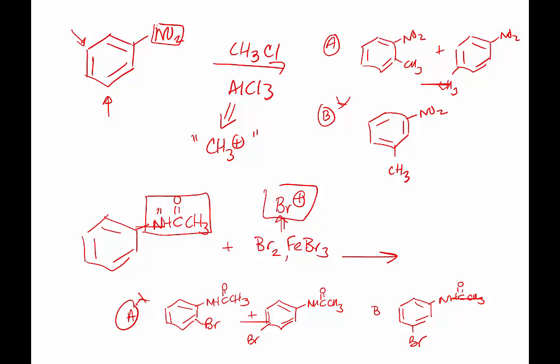Vinny? Yep, it is. And this was ortho-para because the nitrogen that has the lone pair on it is attached directly to the ring. So what about the whole group? The rest of the group doesn't matter.